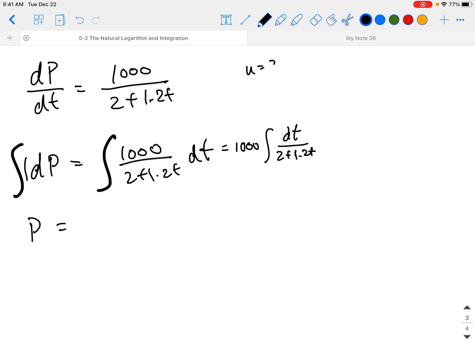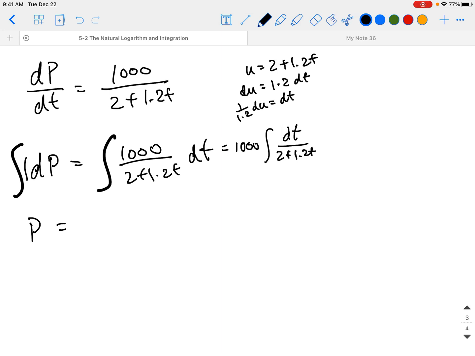So you let u equal 2 plus 1.2t. You could do a u substitution if you need to. I'm actually going to do this kind of working backwards without having to worry about that, but we can note that du in this case would be 1.2 dt. So we're going to have to divide by 1.2 in our expression to undo our chain rule.